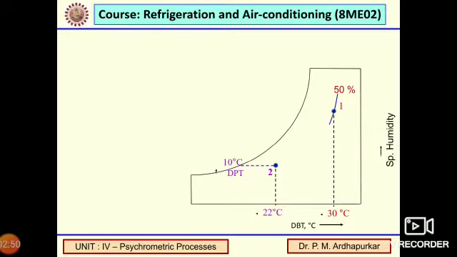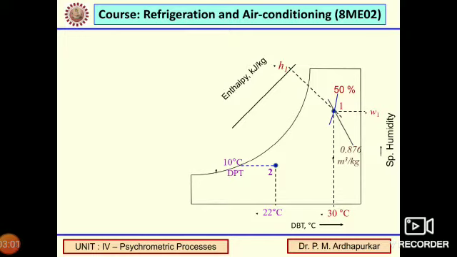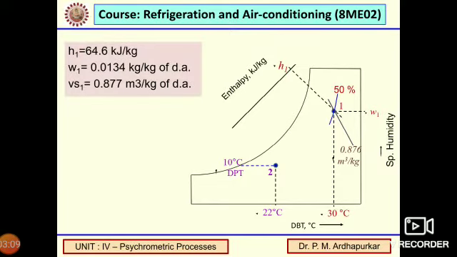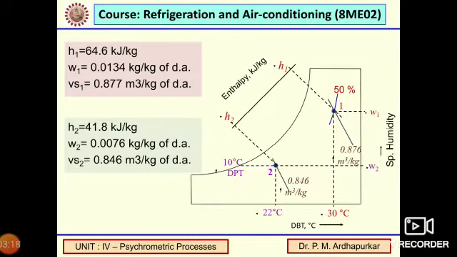Once you locate point 1, you can get for the stream 1 specific humidity W1, you can read enthalpy H1 from the chart, and also you can obtain 0.876 as a specific volume meter cube per kg, which is shown here. Similarly, you can get for stream 2, that is for recirculated air, the enthalpy, specific humidity and a specific volume.